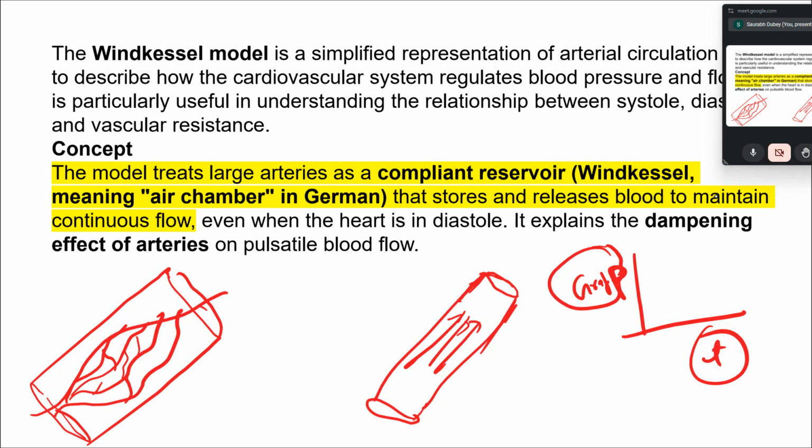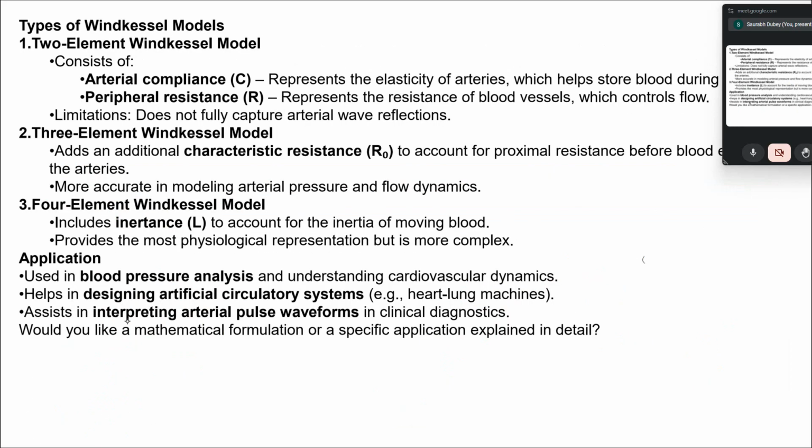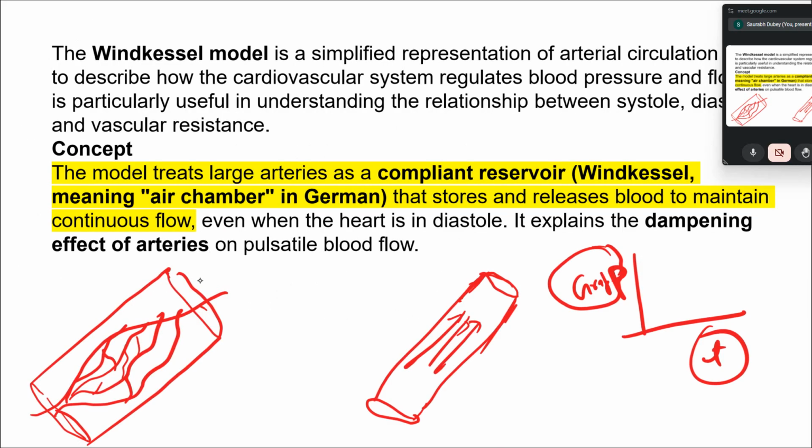It explains the dampening effect of the arteries on pulsatile blood flow, right? So he has considered the set of arteries and veins to be replaced by an equivalent pipe, and he has calculated different things.